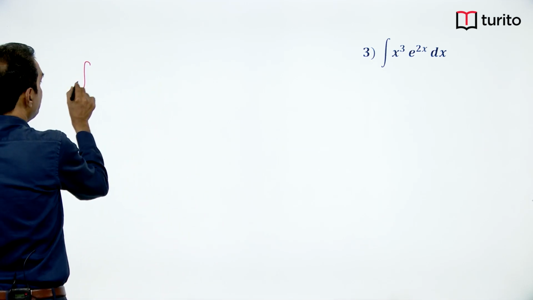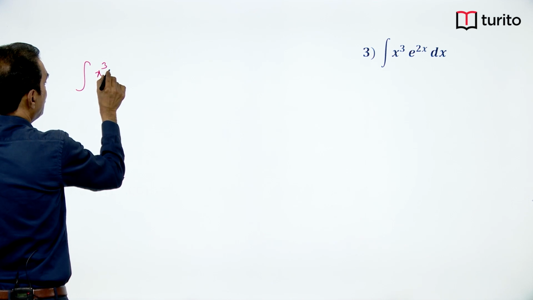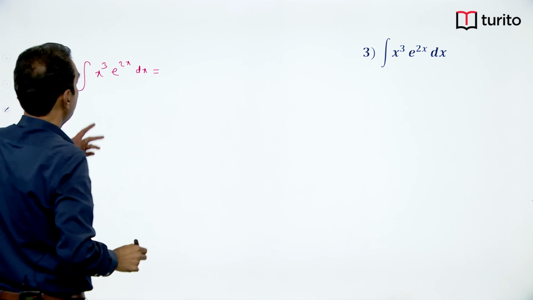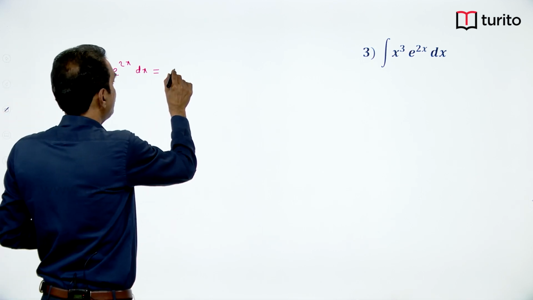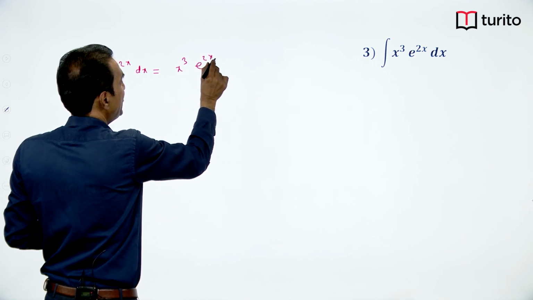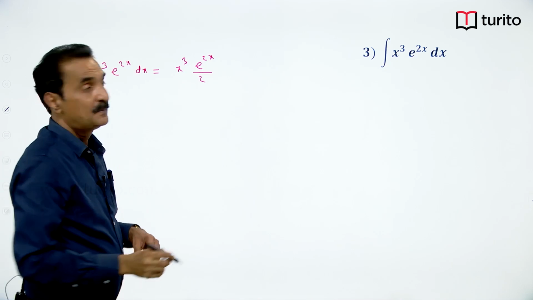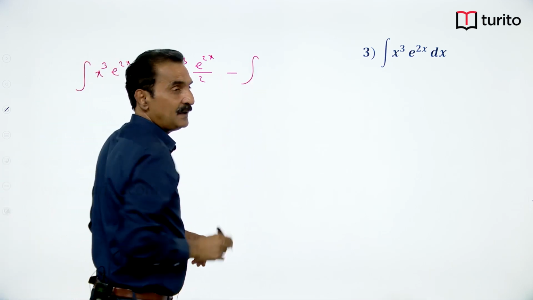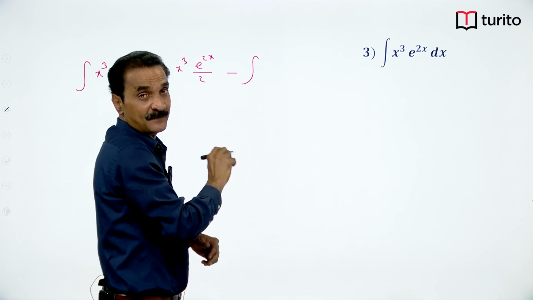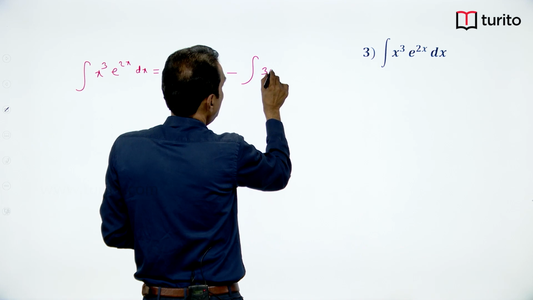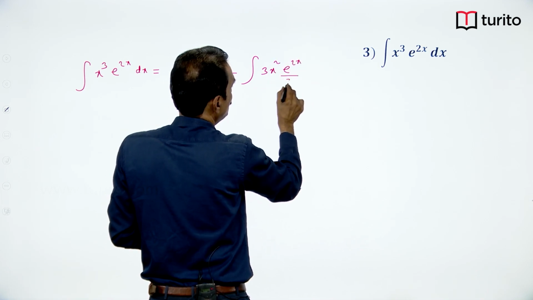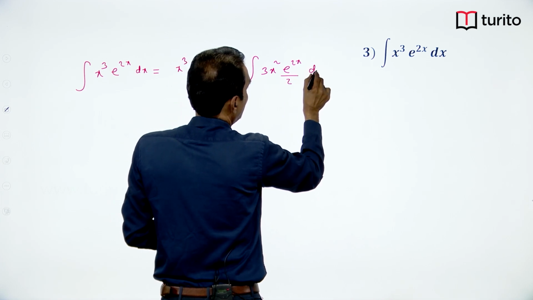So, first function into integral of the second, e power 2x by 2, minus integral derivative of the first function, derivative of x cube is 3x square, into integral of the second function, e power 2x by 2, dx.